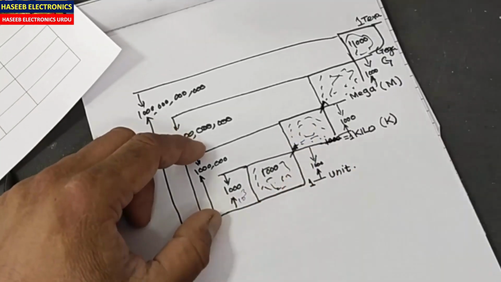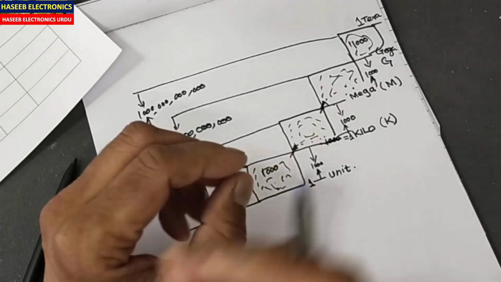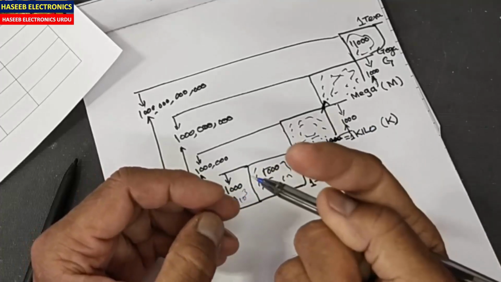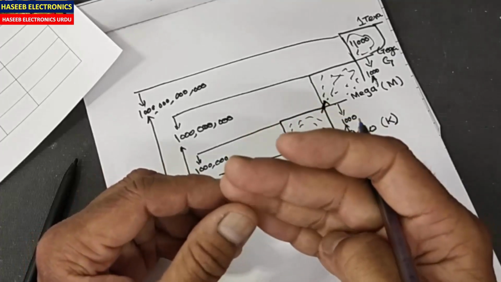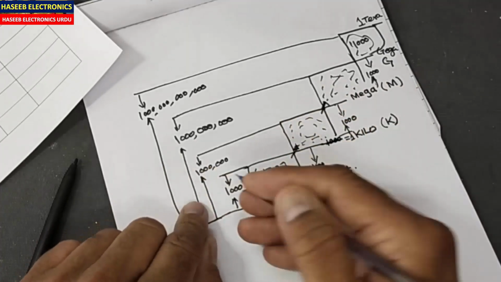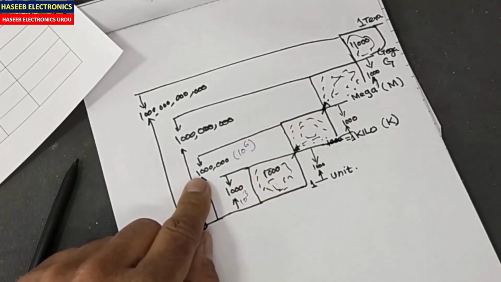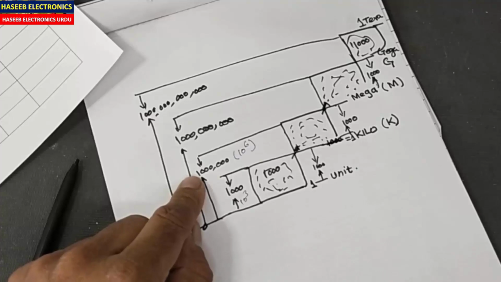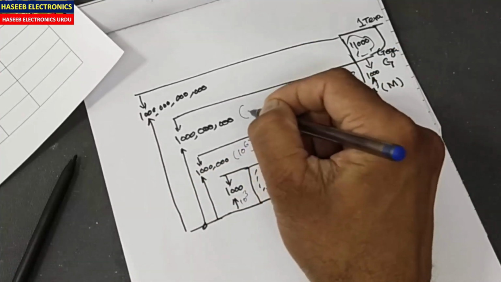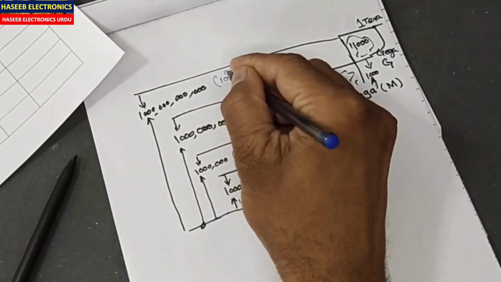If we have 1 mega, or 1000 kilo, same as currency, we count $1, $100, $1000. When we have $1 million, that is 1 mega. It is 10 raised to power 6, with 6 zeros after 1. 1 giga is 10 raised to power 9. 1 trillion, 1 tera, is 10 raised to power 12.